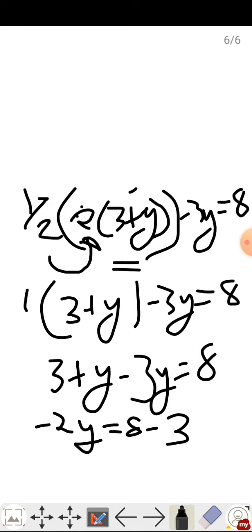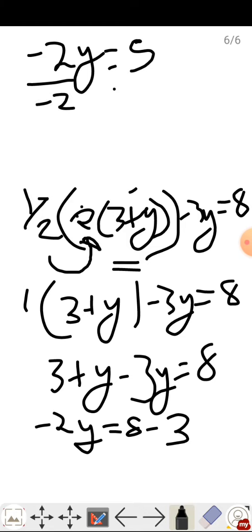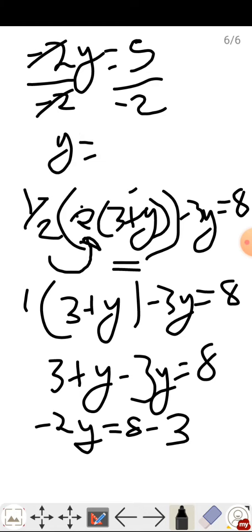So I'll continue here on top, it becomes minus 2y, 8 minus 3 is what? 5. Okay, so you want to find y, so you divide both sides by minus 2, minus 2. So minus 2 cancel, you remain with y equals 5 over minus 2, which is minus 2.5. So this is the value of y. Your y is minus 2.5.